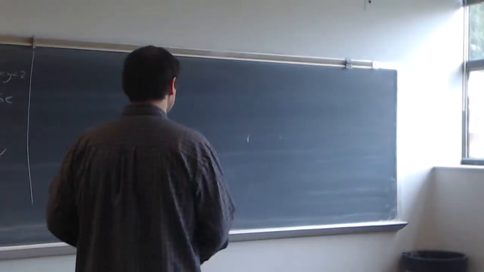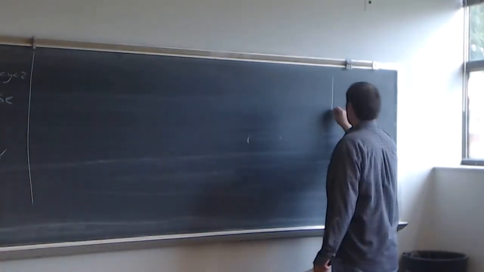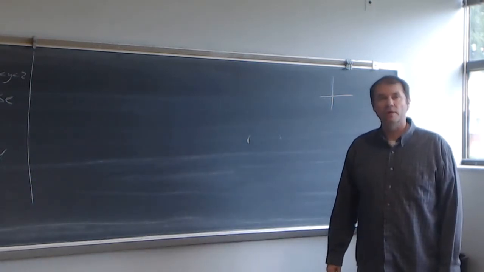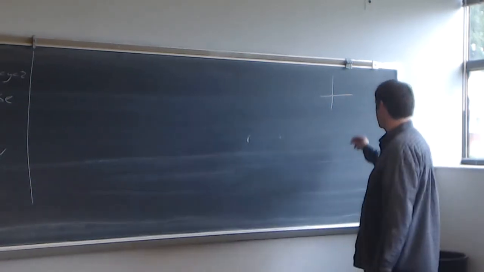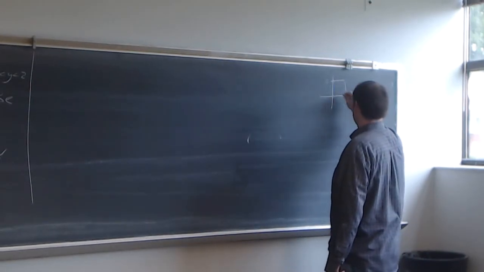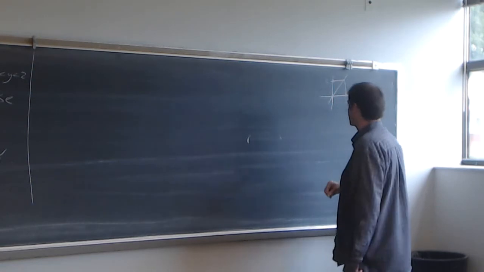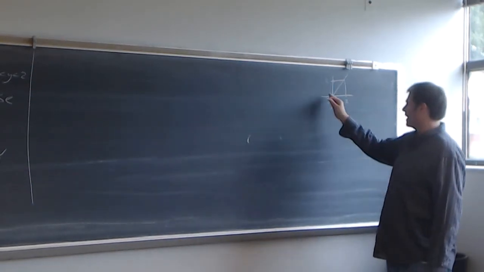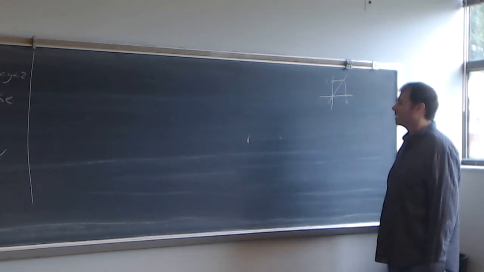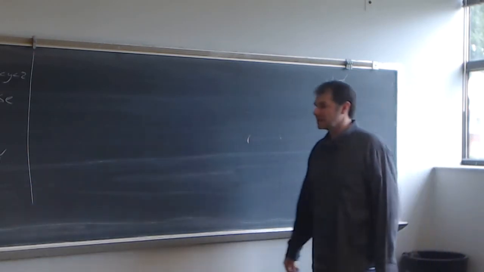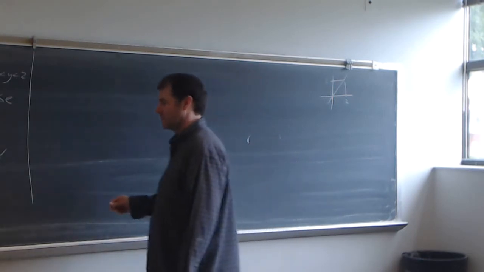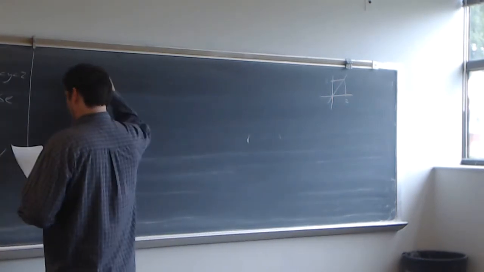Because of our integration area for which the joint PDF is non-zero, you'll remember this example. Here's the area of interest that we'll really be integrating over. It's pretty clear that if a is less than 0 or b is less than 0, then the probability that x is less than or equal to a and y is less than or equal to b is going to be 0. So we're going to start there.